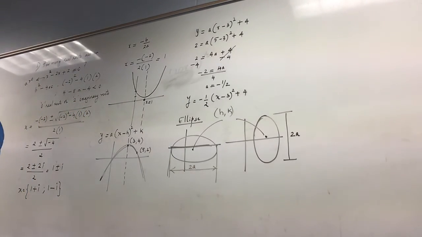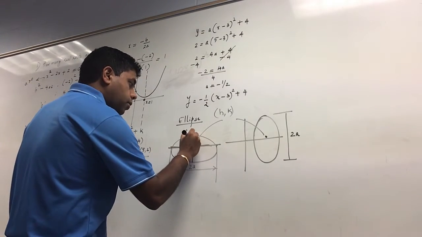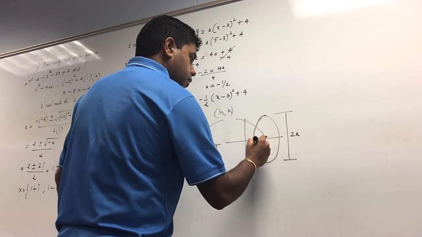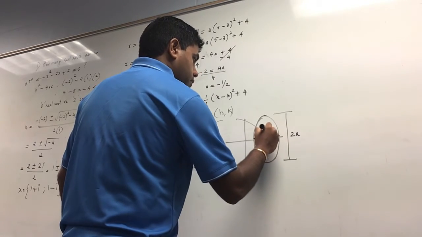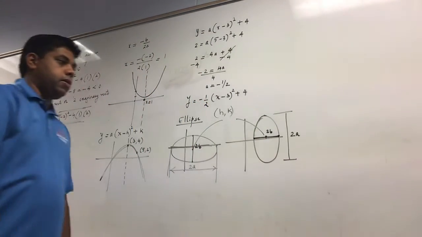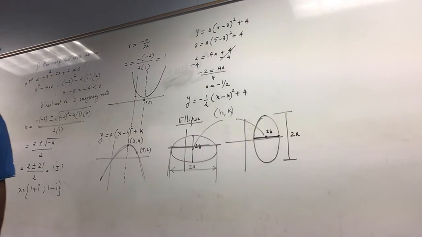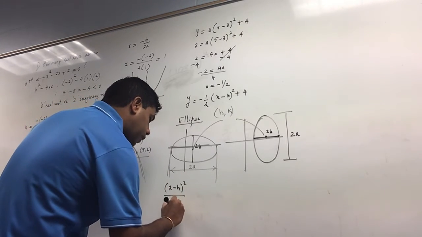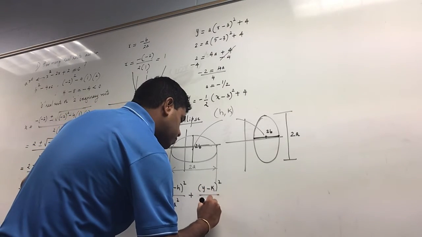What is the 2A called? 2A is called the major axis. You with me? And the smaller axis is called the minor axis, 2B. Good? Now see how the equation changes. For the horizontal, (x minus h) squared over a squared plus (y minus k) squared over b squared is equal to 1.